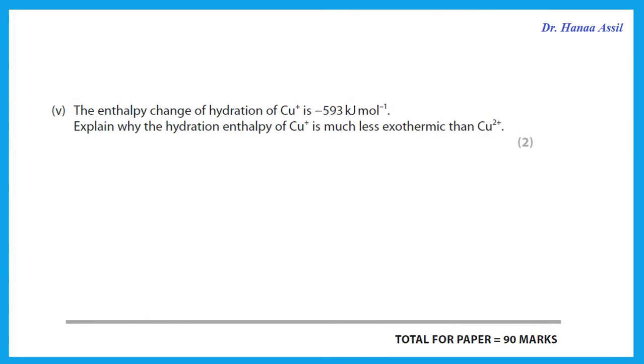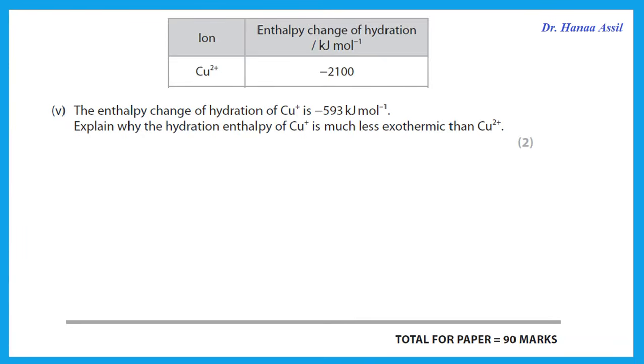The enthalpy change of hydration of copper plus 1 is minus 593 kilojoules per mole. Remember that for the copper 2 plus, it was given as minus 2100. So this is much higher. The copper 2 plus is higher than the copper plus 1. Explain why the hydration enthalpy of copper plus 1 is much less endothermic than copper 2 plus.